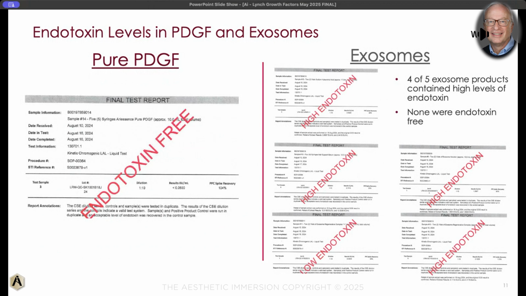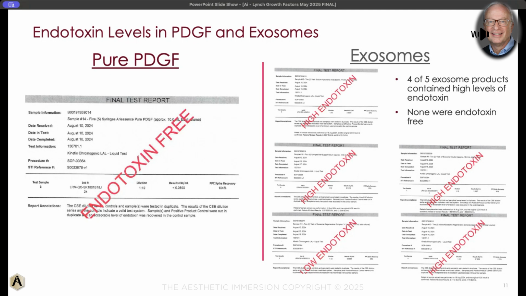Because pure PDGF is an injectable or implantable formulation, FDA made us verify that it's endotoxin free, because as an implantable injectable product, it has to be endotoxin free. So all of our pure PDGF, including the PDGF that's in Ariessence, is endotoxin free. We did a little experiment a little while ago.